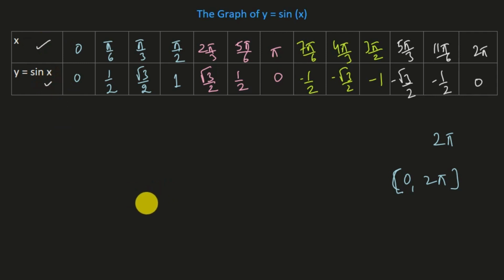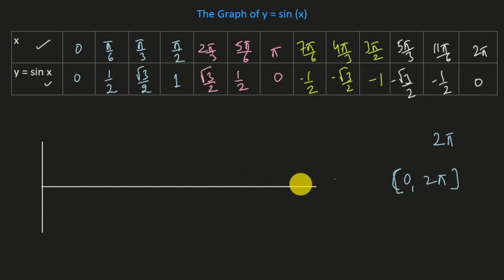We can plot these points on graph paper to obtain the required graph of the function. Okay, so if you plot the graph, it will look something like that. This is the y-axis we will be taking, and this is the x-axis, right?